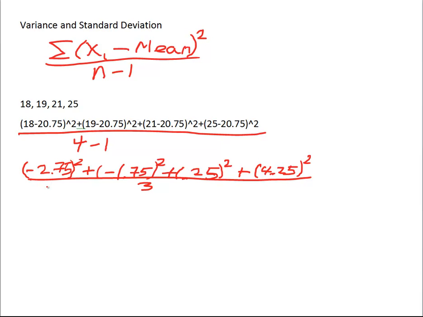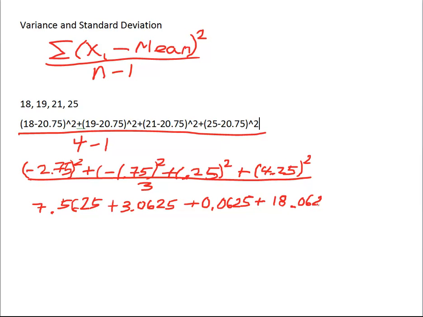I get negative 2.75 squared is 7.5625, plus negative 1.75 squared is 3.0625, plus 0.25 squared, that is 0.0625, plus 4.25 squared is 18.0625.